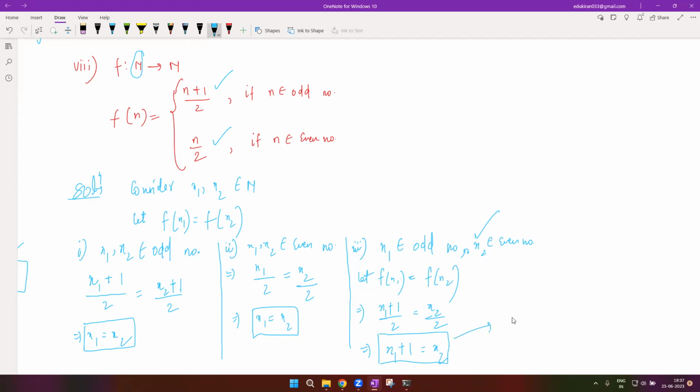Hence, the given function is many one. And that you can easily observe as well. If you put n as 1 and n as 2: if n is 1, f(1) is 1 from this expression.